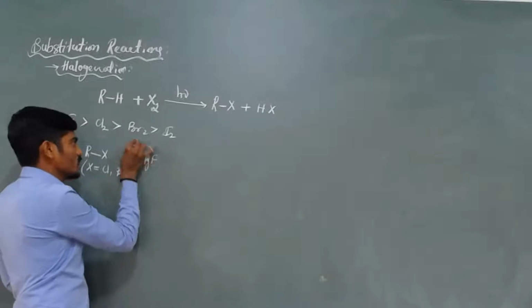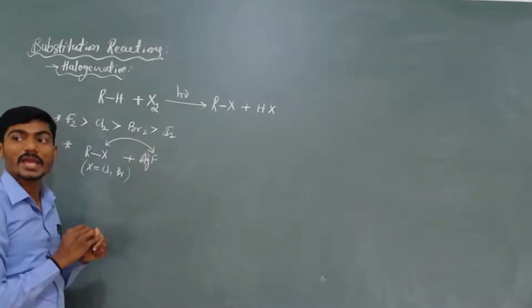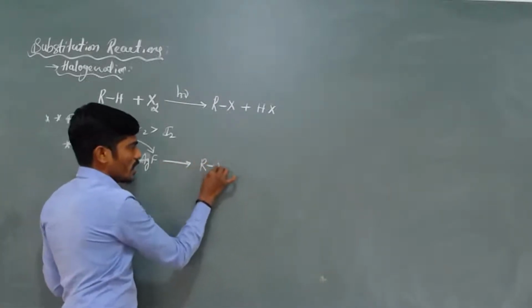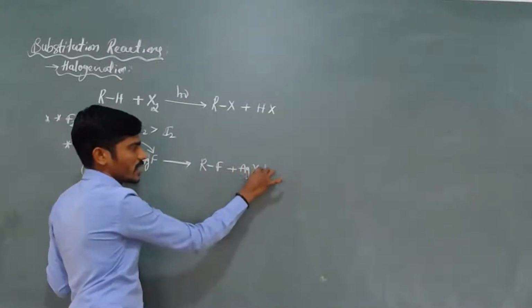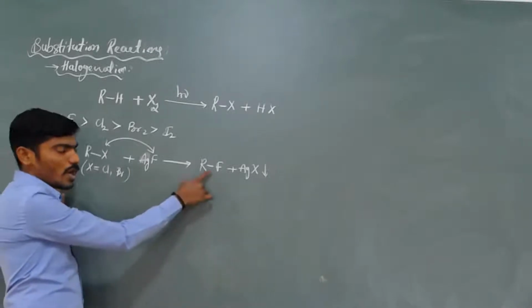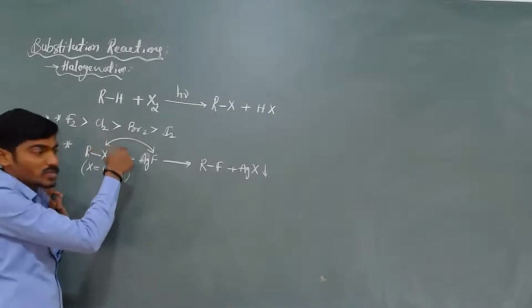Then what happens? These two halogens are exchanged. This gives rise to RF plus AgX. So fluoroalkanes can be prepared by the halogen exchange method.